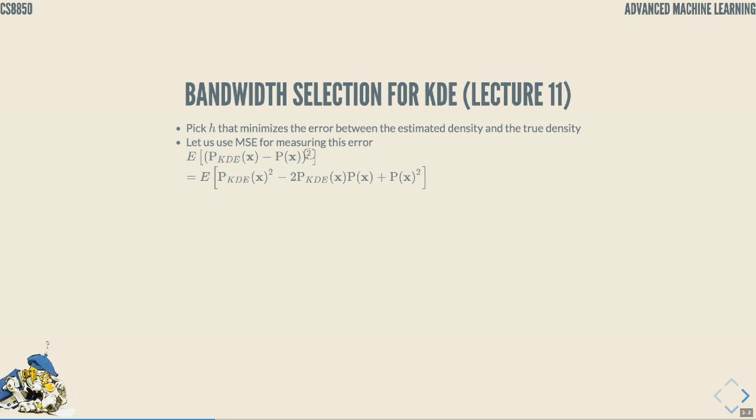I'm doing nothing but taking advantage of this good old formula that you can derive for yourself. In this case, it's a minus b squared equals a squared minus 2ab plus b squared. By multiplying through, you can get it yourself.